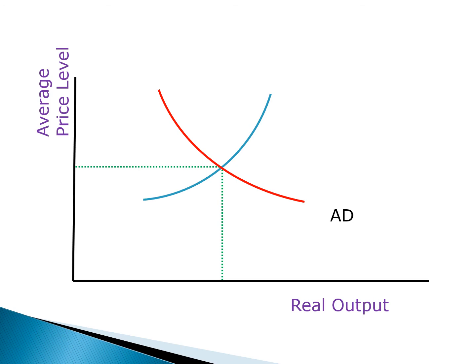On the x-axis, we have real output. So where my AD cuts my AS, in this case a short run aggregate supply curve, we will have the real output.